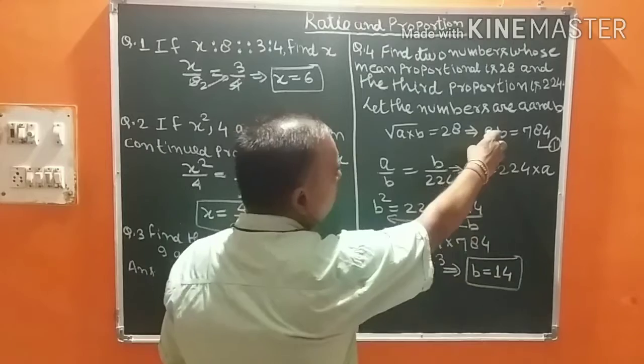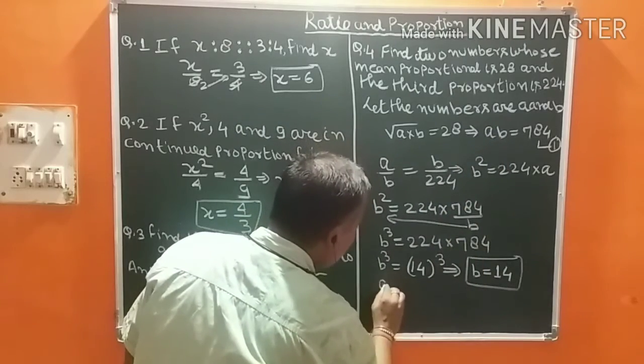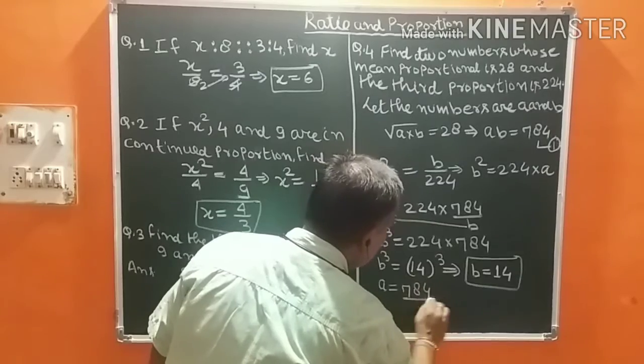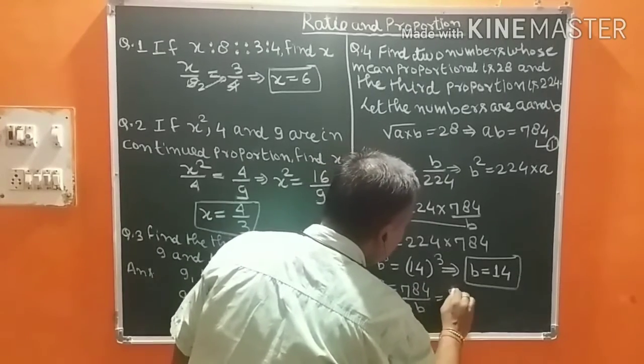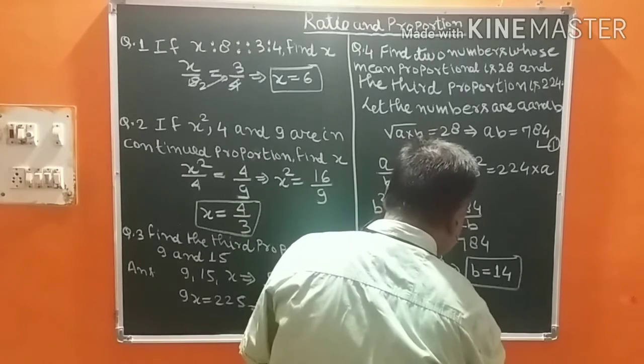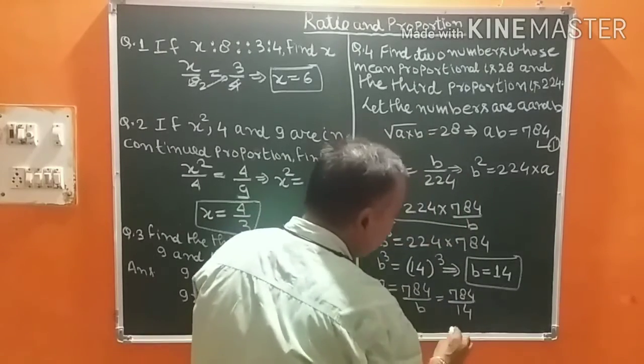So just put in equation number 1. What is the value of a? The value of a is 784 upon b, or we can write 784 upon 14. Now just simplify.